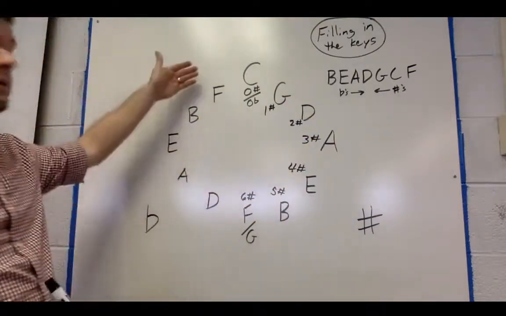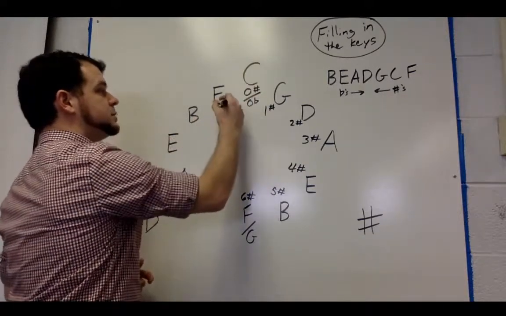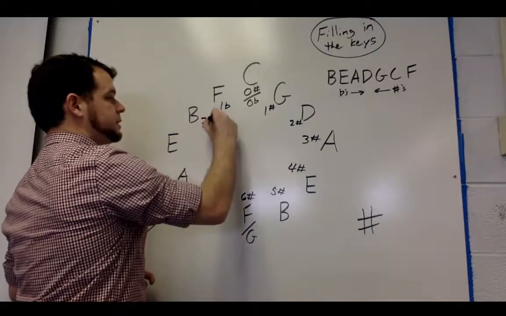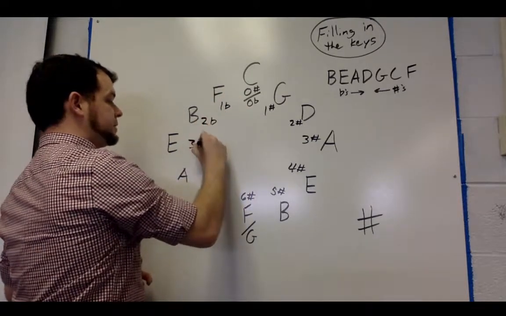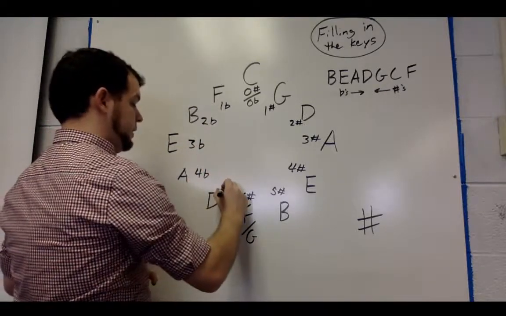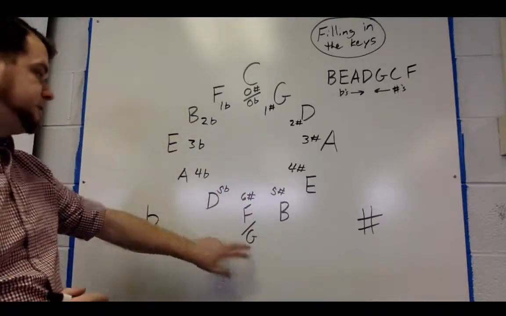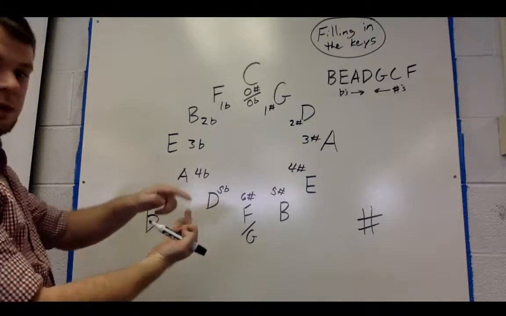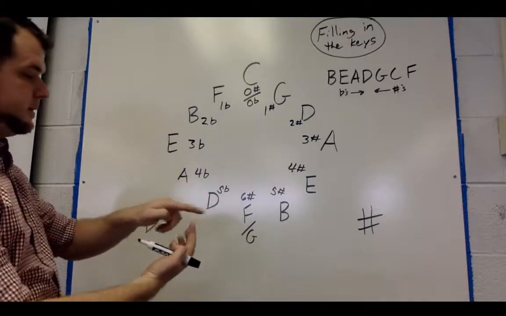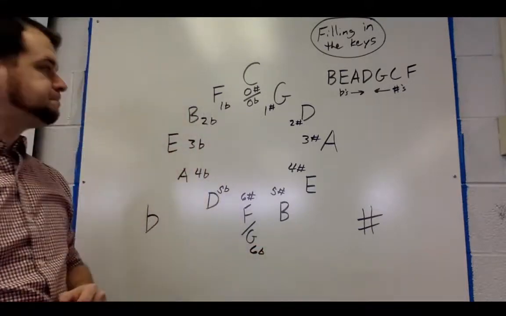On the other side, on the flat side, we have, of course, 0 flats for C, which means we have 1 flat for F, 2 flats for B, 3 flats for E, 4 flats for A, 5 flats for D, and we know G belongs to the flat side because A, B, C, D, D, E, F, G. So I'll put 6 flats there.